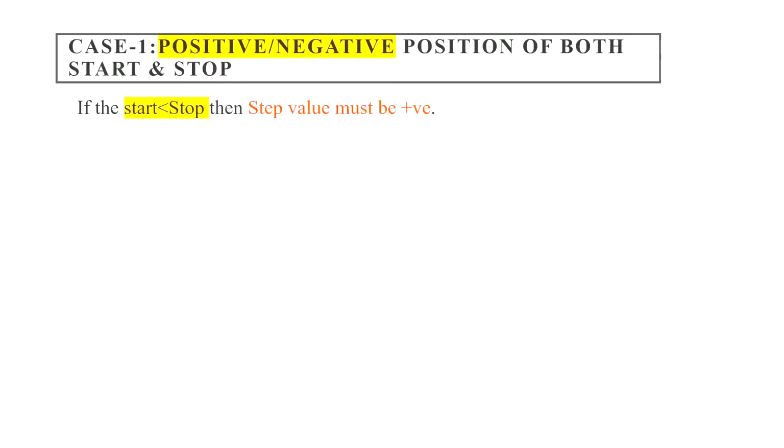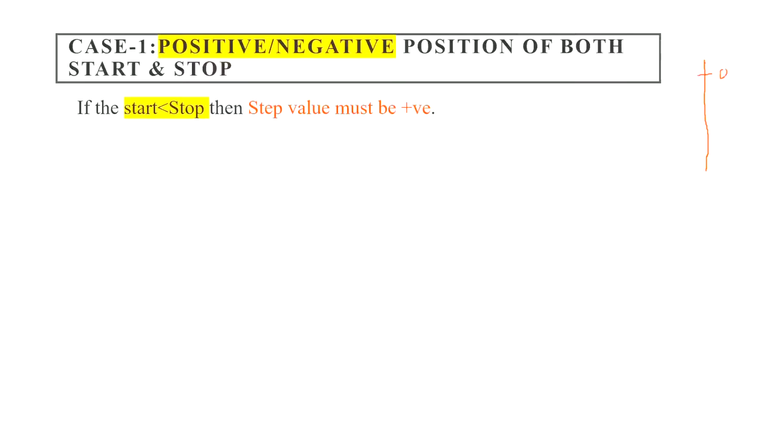So if start is less than stop, that means the start position is less than the stop position, then the step value must be positive. Here one thing you need to remember: in a data frame, the indexes move vertically.